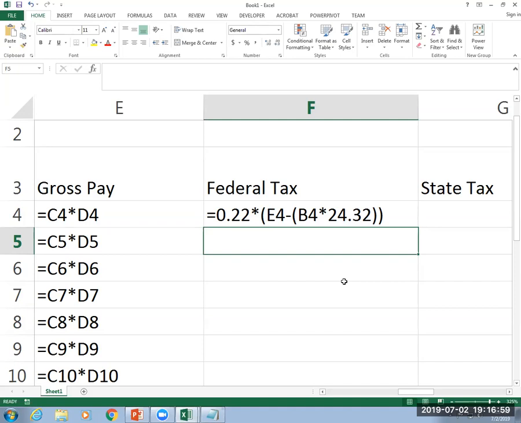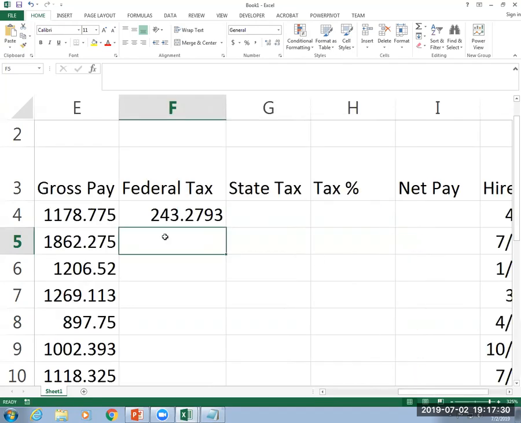The way the federal tax is determined is partially based on how many dependents you have. The number of dependents you have gets multiplied by 24.32. Then you take that number and subtract it from your gross pay, and then you multiply that total amount by 0.22, and that is the federal tax.